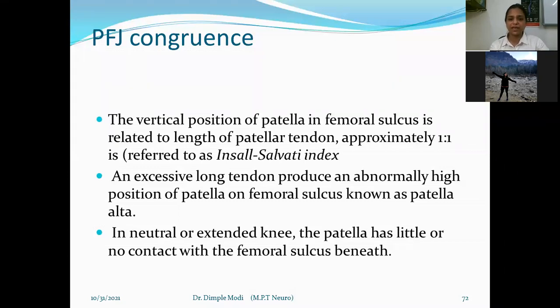The position of the patella on the femoral surface is related to the length of the patellar tendon, approximately 1:1, known as the Insall-Salvati index. An excessively long tendon points to an abnormally high position of the patella on the femoral surface.